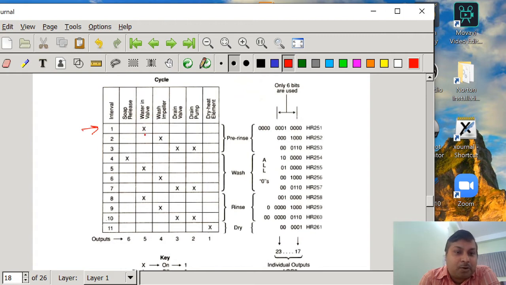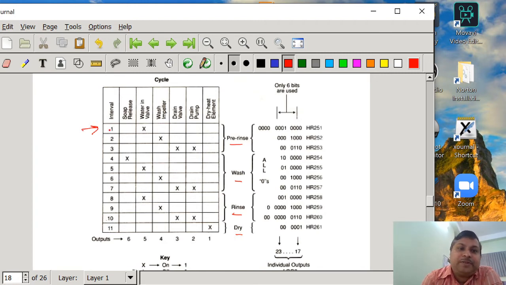This cross mark represents on, and all other things must be off in the first phase. You will find that a total of 11 phases are categorized this way: the first 3 steps are known as pre-rinse, then 4, 5, 6, 7 is wash, then 8, 9, 10 is rinse, and step 11 is dry.